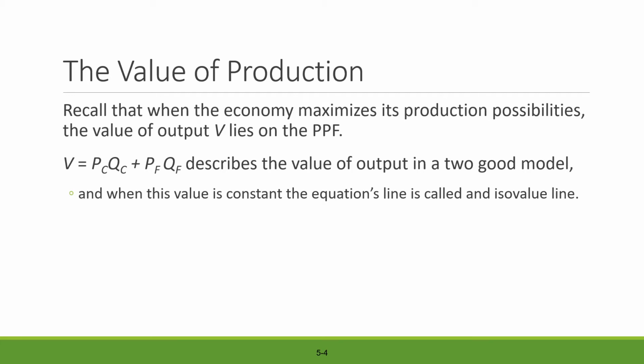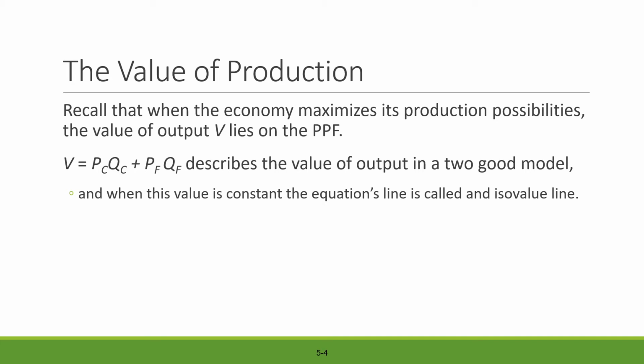And if the price of food is 10 as well, and the quantity of food that we are producing is 10, then again multiplying these two we get 100. Adding the two, we get a total worth of 200. So we are producing output worth 200 rupees.